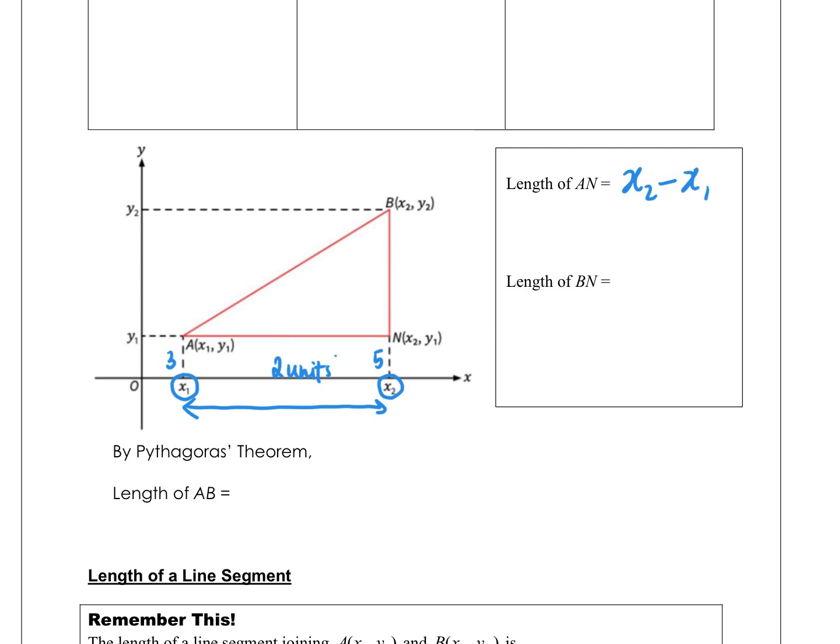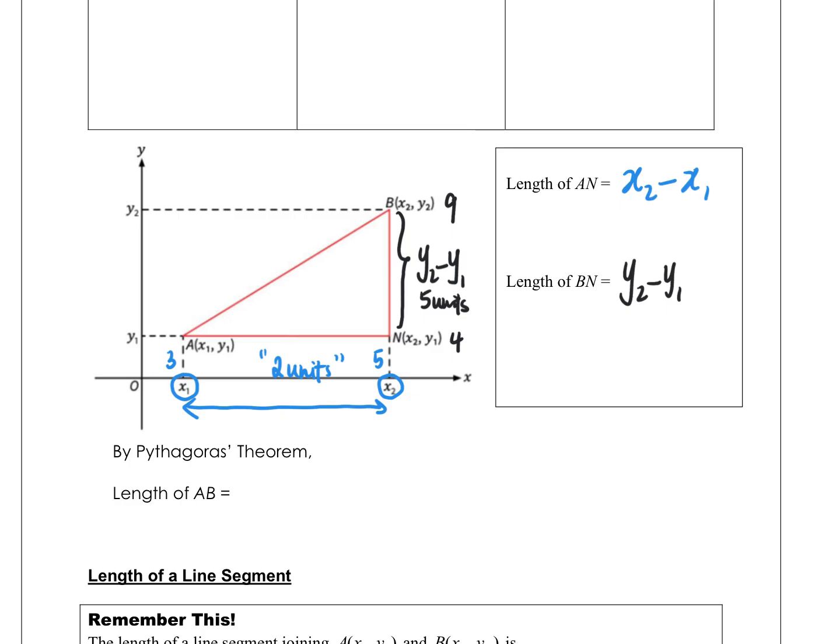We take the difference. So if I want the length of BN, then I will have to use y2 minus y1. For example, if this is 9 and this is 4, then this will be 5 units. You just take the difference of the y coordinates and the x coordinates.